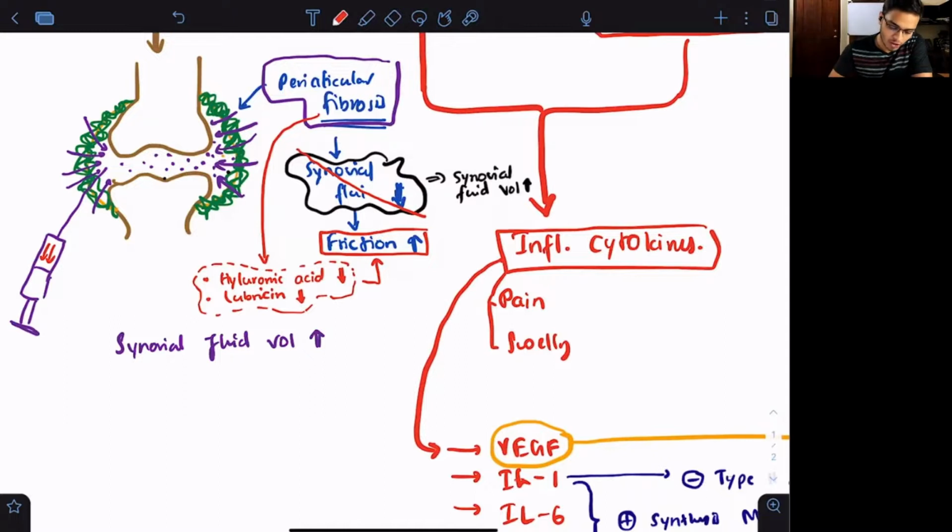But I just want you all to cut off the place where we wrote that synovial fluid reduces. We cannot say that. Although the hyaluronic acid and lubricin reduce, we cannot directly say synovial fluid reduces, because the synovial fluid contains all these inflammatory infiltrates, transudates, everything. So therefore, we say synovial fluid increases.